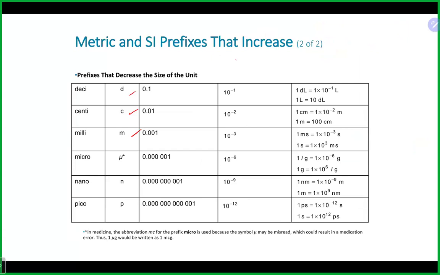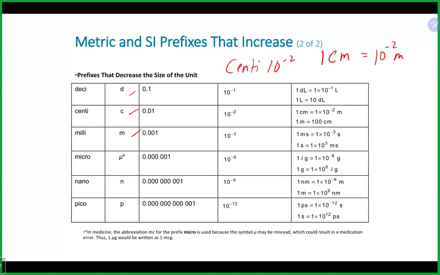Again, centi being 10 to the minus 2. If we were doing something like centimeters and meters, centimeters is the prefix unit, meters is the non-prefix unit, and that would mean in 1 centimeter there is 10 to the minus 2, or 1 times 10 to the minus 2 meters associated with it.